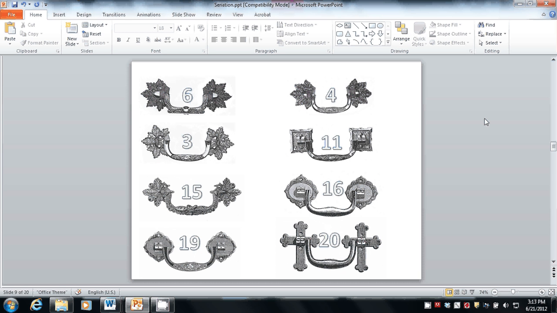That's all the information we'll have here. And we need to try to order things correctly based on style, just like we did with the cars previously. Knowing that things that look like coffin handle 4 are probably closer to 1822 than things that look like coffin handle 16, which are probably closer to 1868.